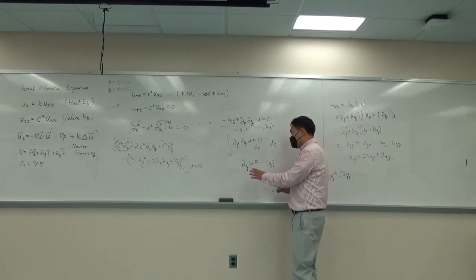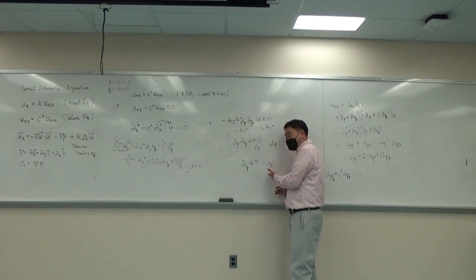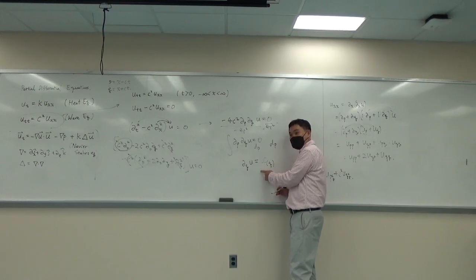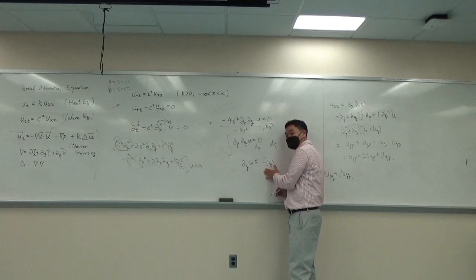Because look, if you took this equation and differentiated both sides by p, partial derivative, what happens to the right side? Does this have any p in there? No. So it's going to give you 0, right? So if you take this and differentiate by p, you get this. So the antiderivative of 0 is a function of q.